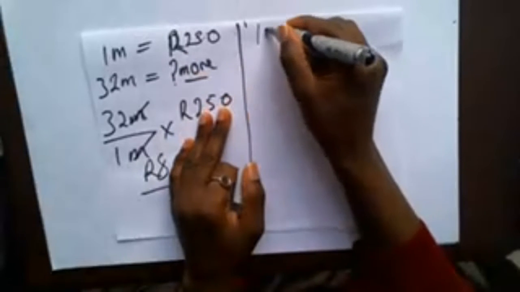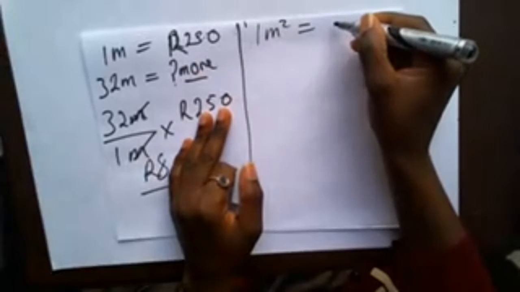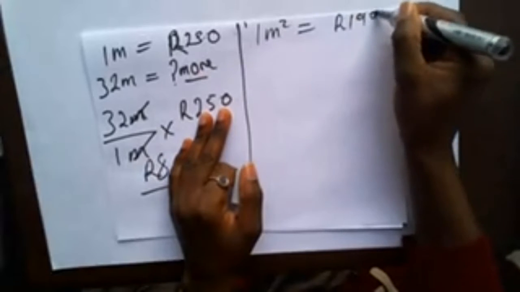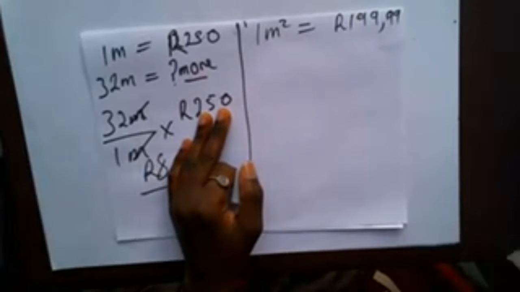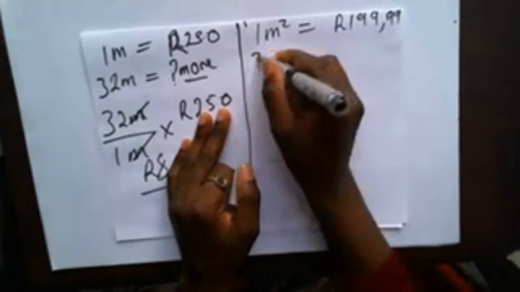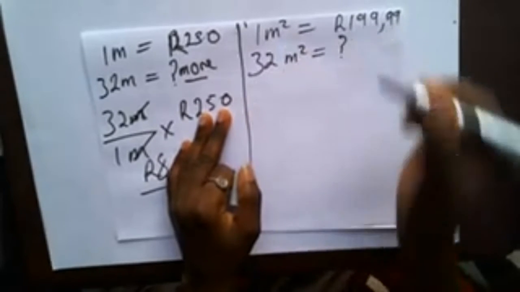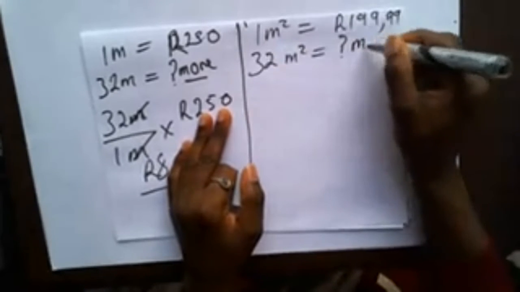We're saying 1 meter squared requires this much to cover. How many units do we need to cover? We need to cover 32 units. Do you think they are going to cost more or less?